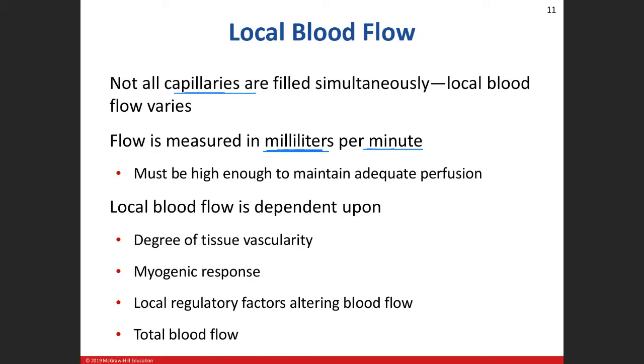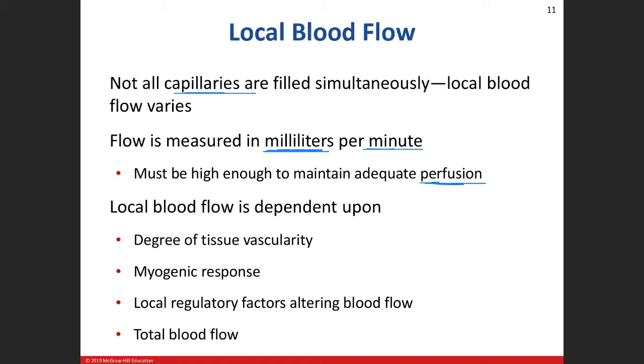Do you folks remember what perfusion is? Perfusion is when the blood actually saturates an area of tissue. When you hear that term perfusion, just think of you spill a drink, and you wipe it up with a paper towel, and that paper towel gets soaking wet. That paper towel is now perfused with whatever you were drinking.